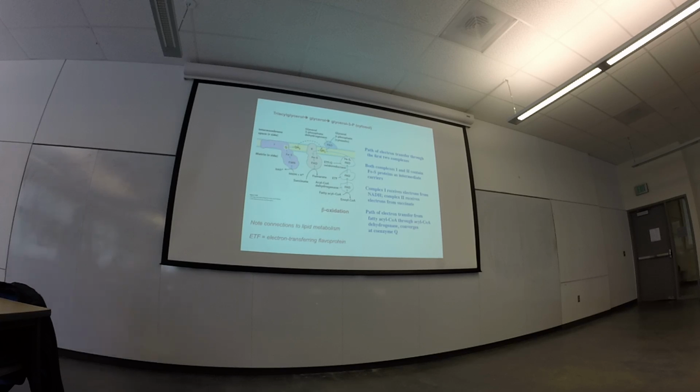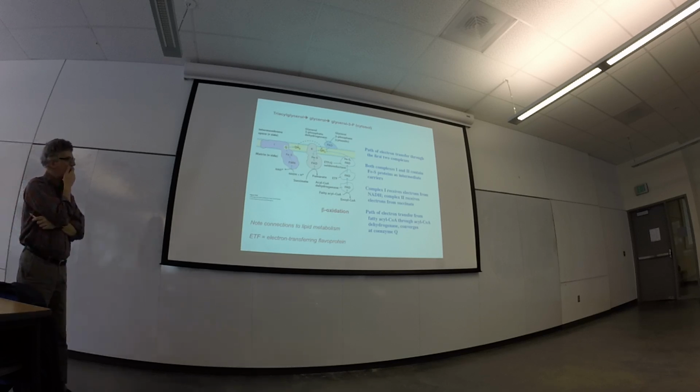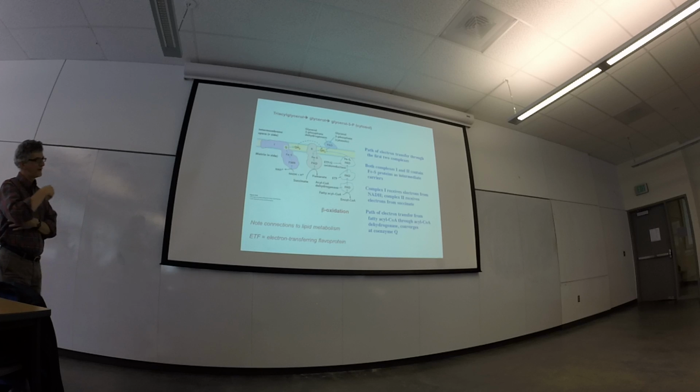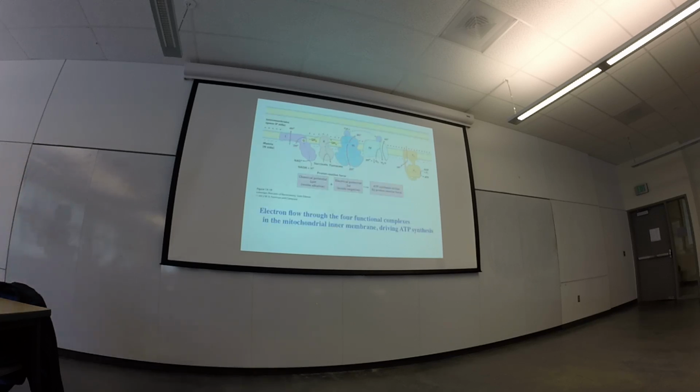All right, so I'm showing this slide because it's hopefully good for tying together some aspects of lipid metabolism, where we're going to make ATP from that too. Does beta oxidation contribute to the proton gradient in any way? Yes. Anything that makes QH2 contributes to the proton gradient because the later steps are all the same.